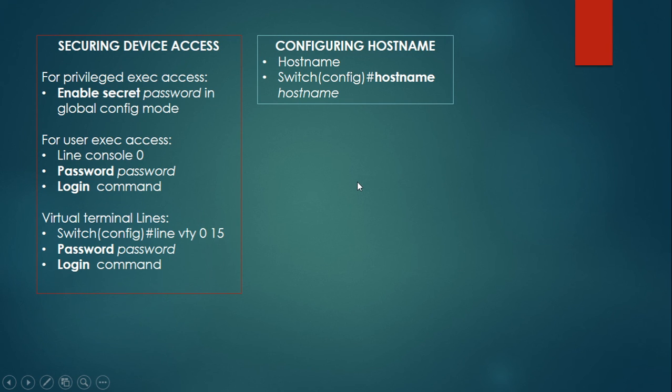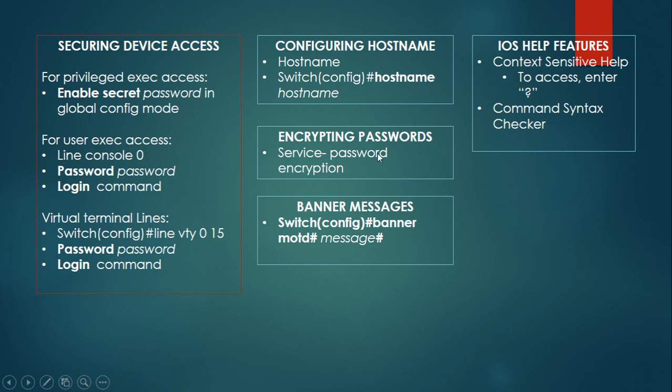For configuring the host name, by typing hostname in global config you can easily change the device name. To encrypt passwords, just type the command service password-encryption. By using banner messages, the banner message that you type in your configuration mode will appear.